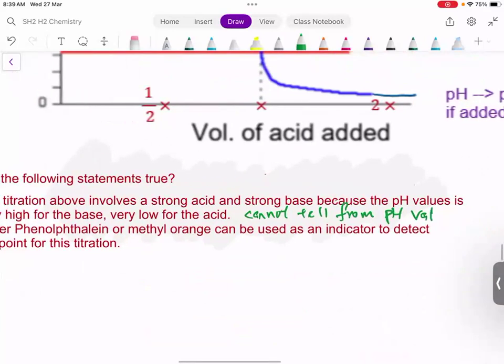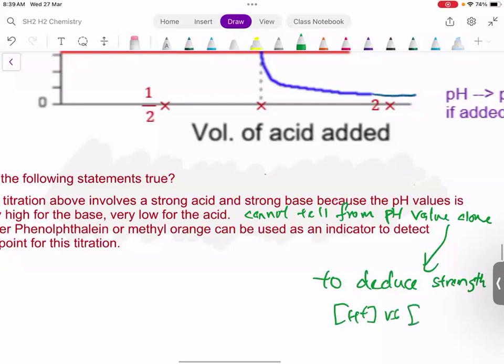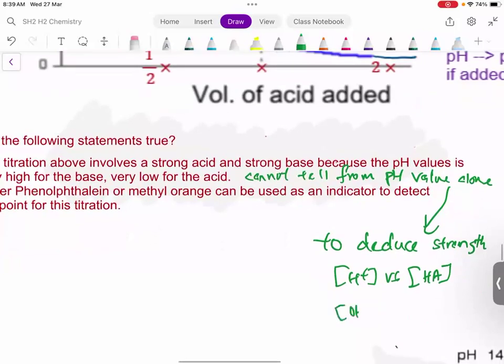In order to deduce strength, you have to compare H plus versus the concentration of the weak acid, the concentration of the original acid, or OH minus versus the concentration of your base.